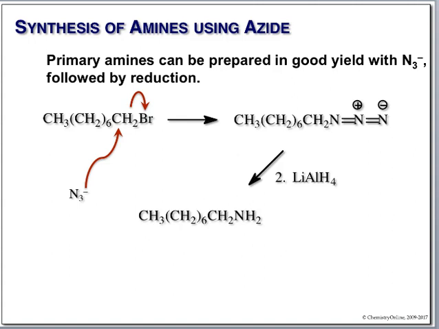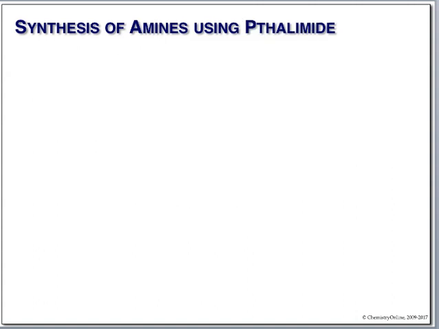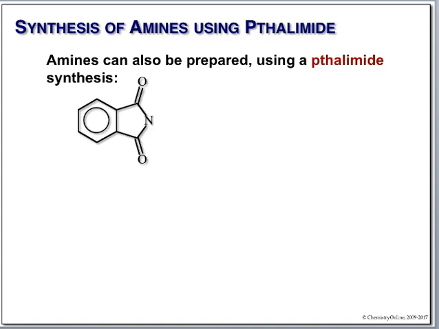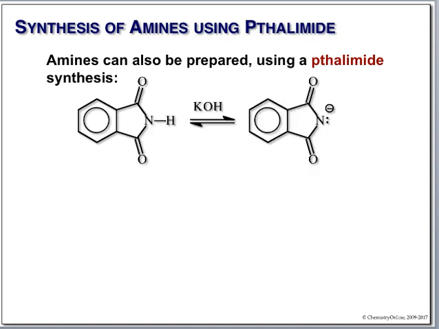Now, if you don't want to take your life in your hands when you try to make something like this, you can use a slightly different method. It's called the phthalimide synthesis. Phthalimide, remember back to carboxylic acids. 1,2-benzene carboxylic acid was called phthalic acid.